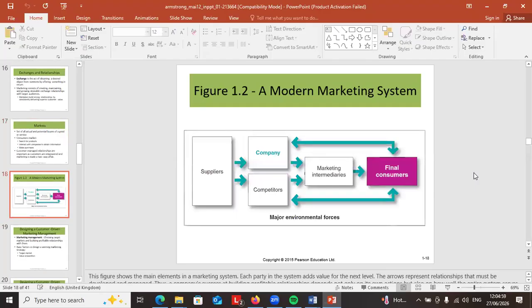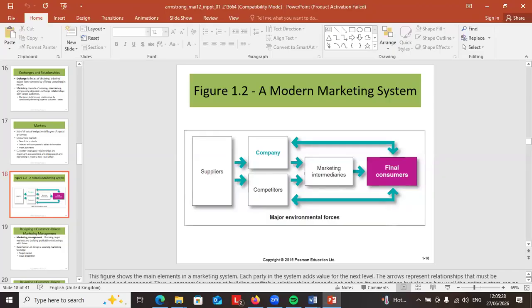Having discussed this, it is important to appreciate what is embedded in a modern marketing system. And this can be depicted by the diagrammatic exposition you're currently viewing. So the figure basically shows the main elements in a marketing system. Please, I won't ask you to draw this during exams. It's just to aid your understanding, right?